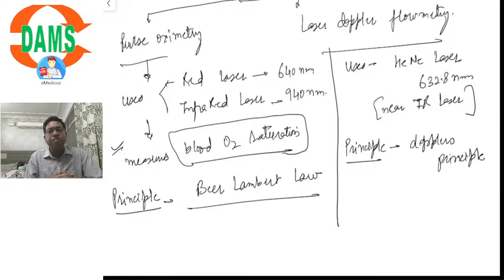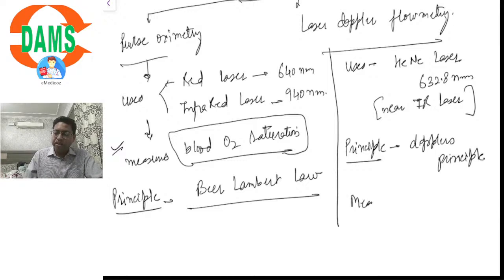A similar thing happens if the tissue is vascular, having a lot of blood circulation, then definitely the number of RBCs moving inside the blood vessels would be higher. And when these RBCs move at a high speed inside the blood, the frequency of the laser is Doppler shifted. That is the working principle of laser Doppler flowmetry.